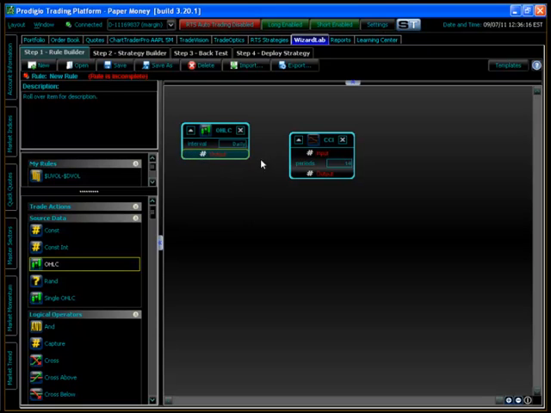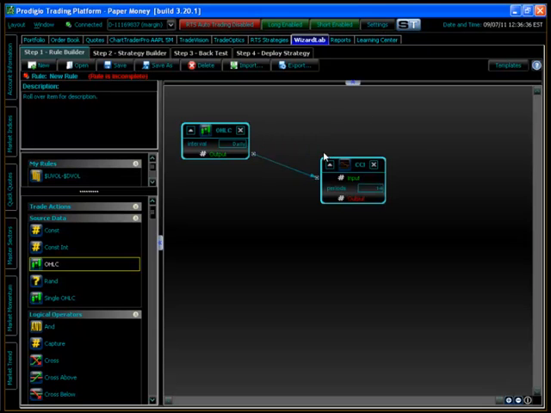Under the hood, when I connect these things together, it's making a series of logical connections, creating statements in a language under the hood. It's a very basic language, and it would be difficult to program with, but it was designed to be visually oriented.